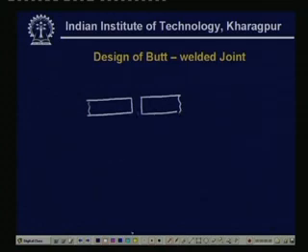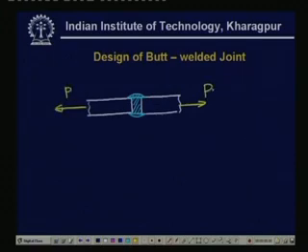So we introduce weld material here. So, this is the weld material. Now, this joint has to carry some load. It carries a load, let us say P.